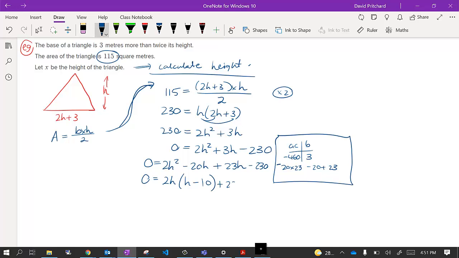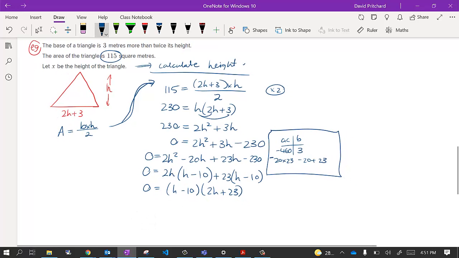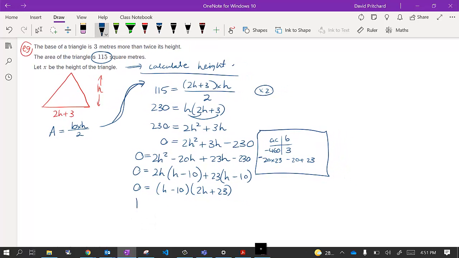And then 23 is a common factor of the second, and we've got h take 10 again. So we end up with 0 is h take 10, 2h plus 23. And we've got a null factor theorem scenario where we can isolate and work out the height. So h take 10 is 0, or 2h plus 23 is 0, and we get height is 10, or we can isolate this and we get h is negative 23 on 2.